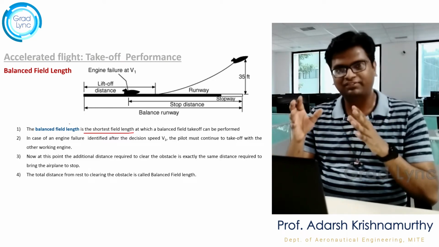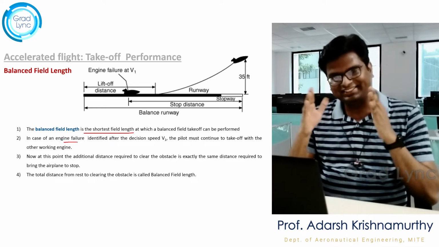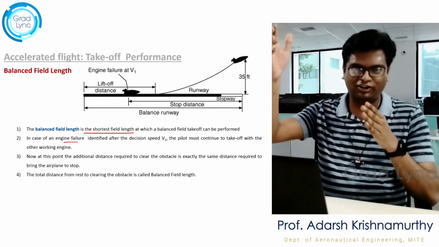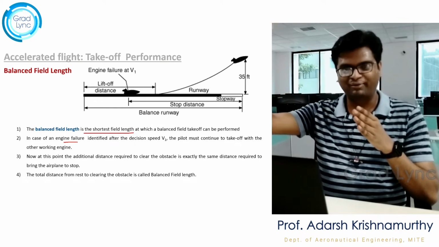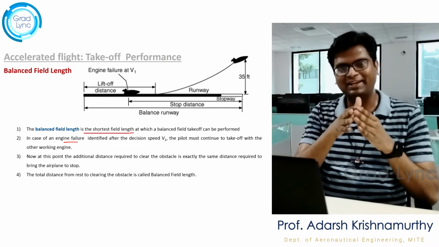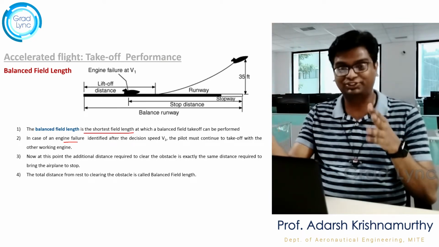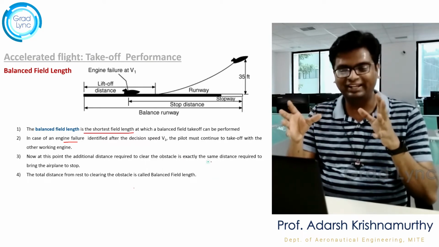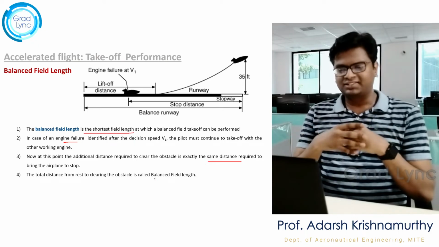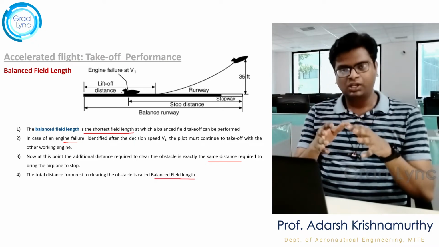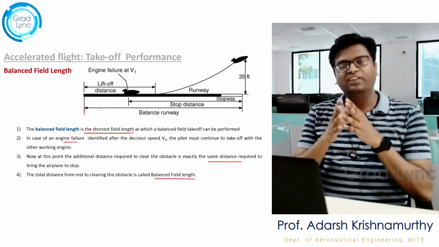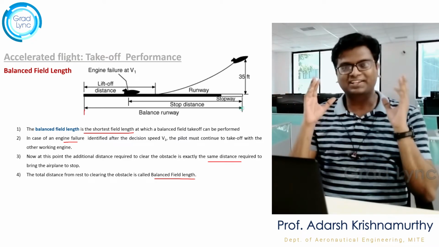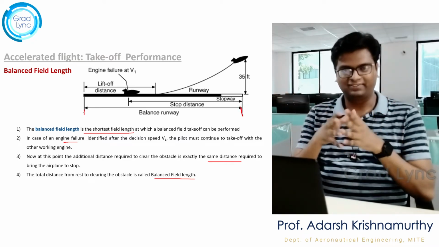Now, if there is an engine failure, the distance available to take off and go away from the obstacle is the same as the distance available to stop the aircraft. This is called the balanced field length. So it is the total distance from rest to the clearing of the obstacle. The total entire distance is called the balanced field length.